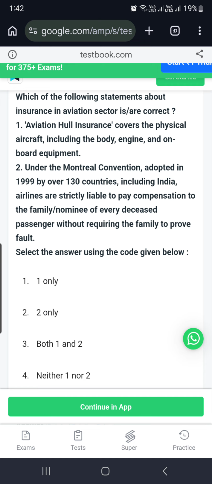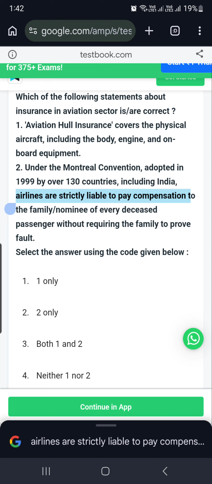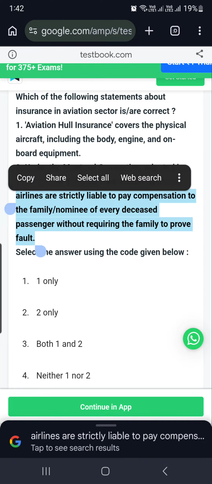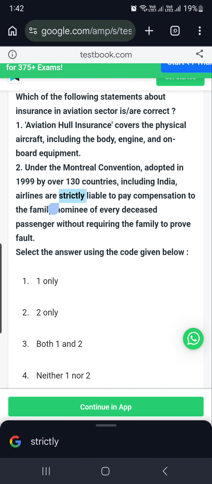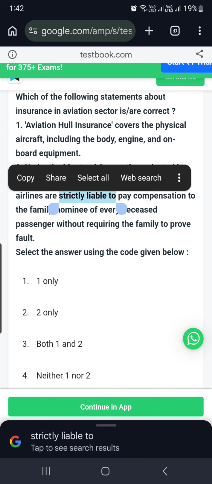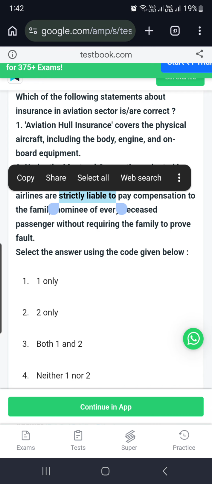Airlines are strictly liable to pay compensation. What is it saying? Airlines are strictly liable to pay compensation to the family or the nominee of every deceased passenger without requiring the family to prove fault. The latter half of the statement is somewhere true, but this strict liability provision is somewhere false, because there is a 2-tier liability mechanism.